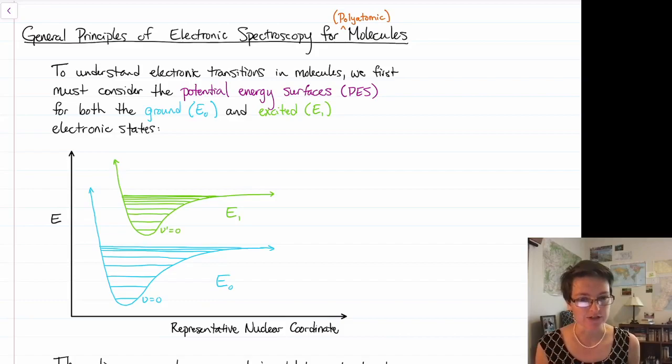By potential energy surface, I mean that we're trying to graph the energy of the system on the y-axis versus either a bond length for a diatomic molecule or, for a polyatomic molecule, a more complicated set of nuclear coordinates and what might change. So for simplicity, I'm going to make our x-axis kind of abstract. We'll just call it a generic or representative nuclear coordinate. But in your head, you can think about how this would work for a diatomic molecule, where our x-axis would be the bond length.